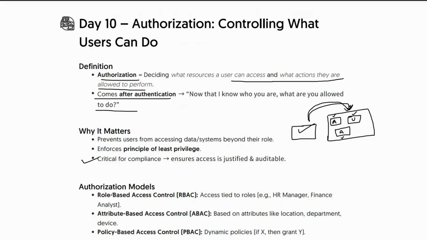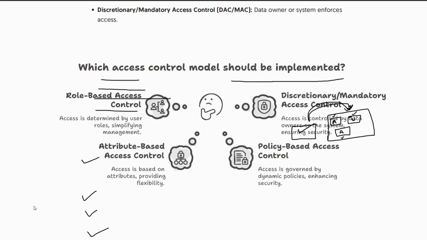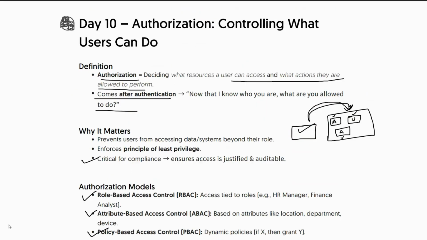Yeah. So, authorization models: there are basic types of authorization model: RBAC, ABAC, PBAC. And DAC is one of the models too. Right. So first, role-based access control. Let's say you have three sets of users: finance, payroll, and IT.